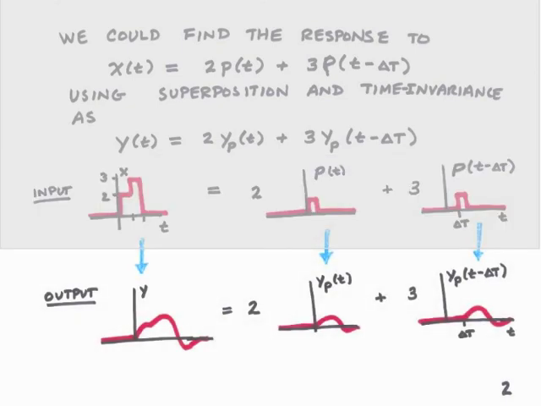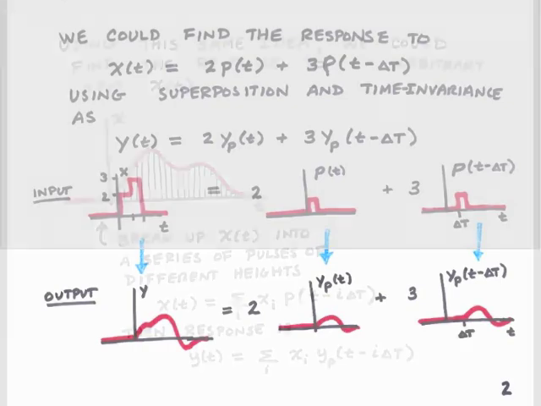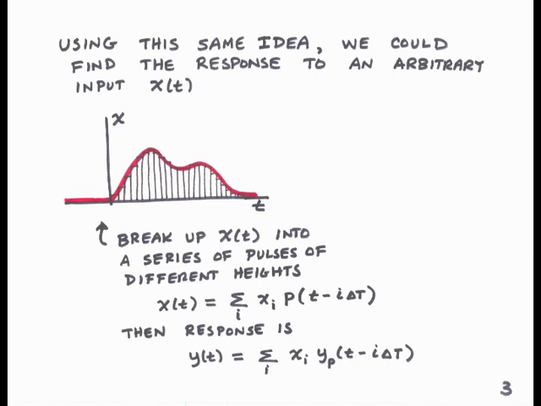And that response is 2 times yp of t, which is the response to 2 times p of t, plus 3 times yp of t minus delta t, which is the response to 3 times p of t minus delta t. I hope you see the fundamental idea here.